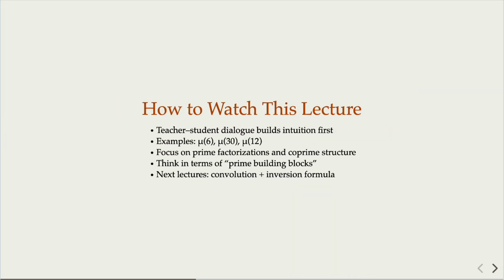Now, how to watch this lecture? We're going to again listen to the teacher-student dialogue. We're going to build intuition first, and then walk through some examples. In the next lecture, we're going to talk about convolution and the inversion formula. Let's go into the lecture.